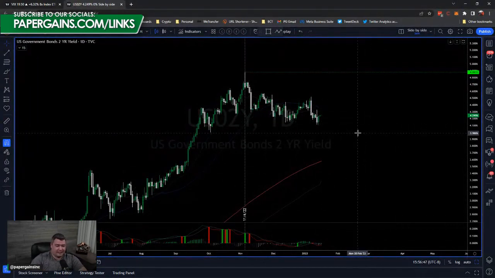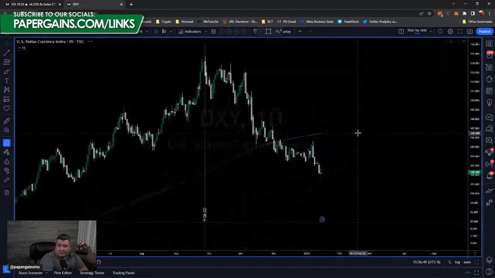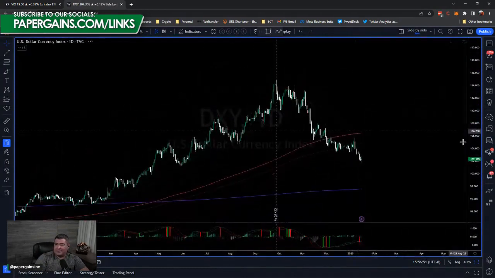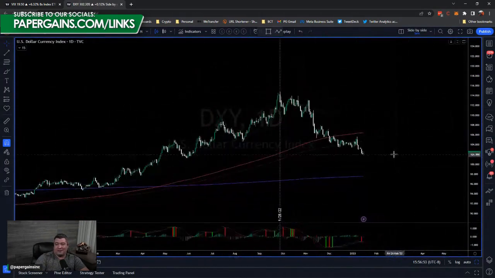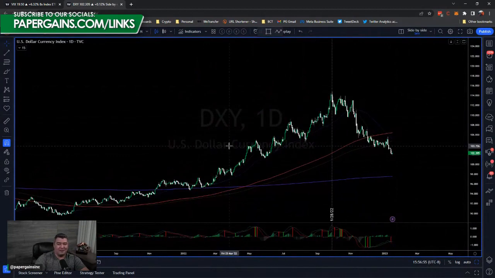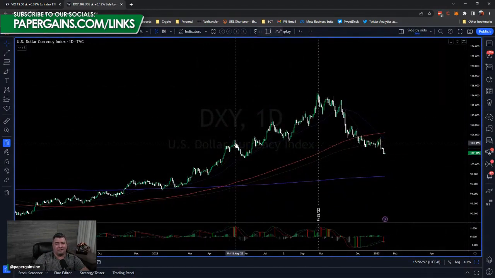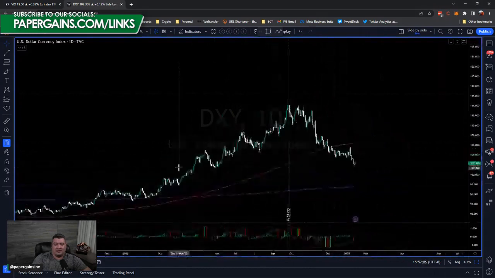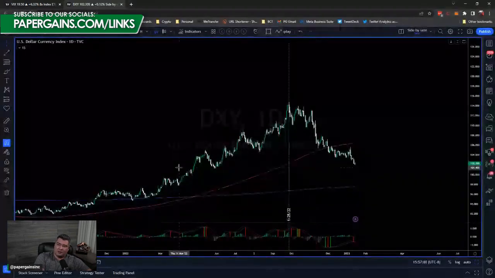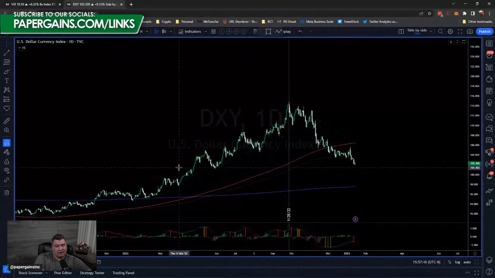The other one is the Dixie. DXY is the ticker. If you've traded with me at all, the Dixie has been probably the most important chart in the market for months and months now. What it is, is the US dollar weighted against a basket of other large global currencies.